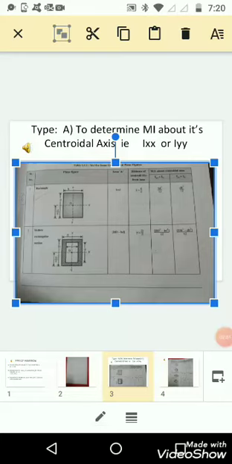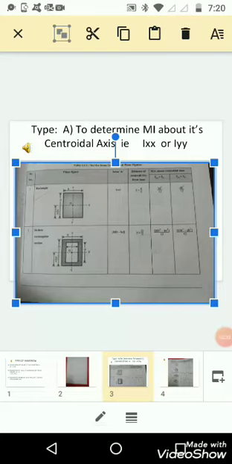Now for clarification on how to use this table, just a brief explanation. Serial number 1, we have got rectangle. You see this rectangular shape, width B, depth D. XX axis passing through G, YY axis passing through G. That is, G is the centroid. Generally centroid is the most center point of that figure.